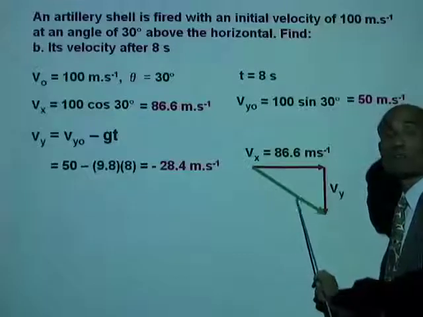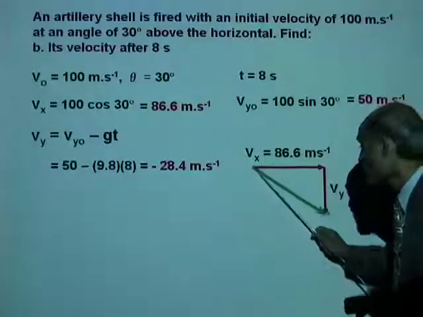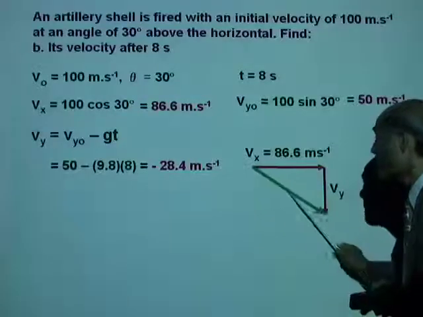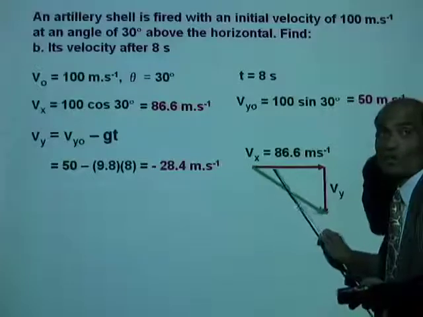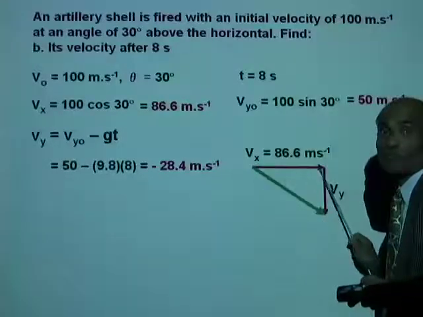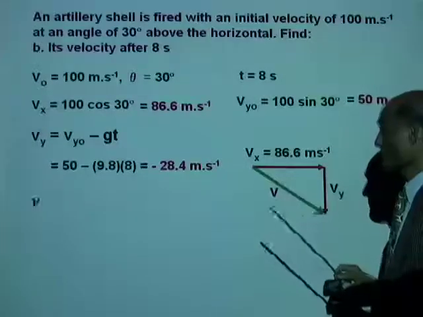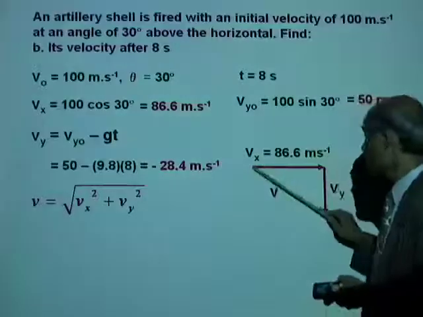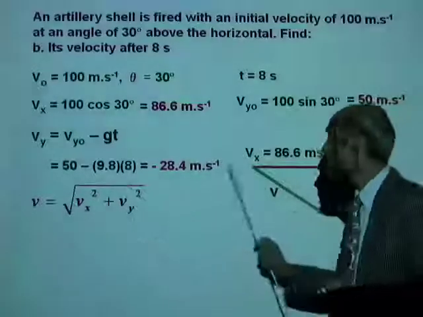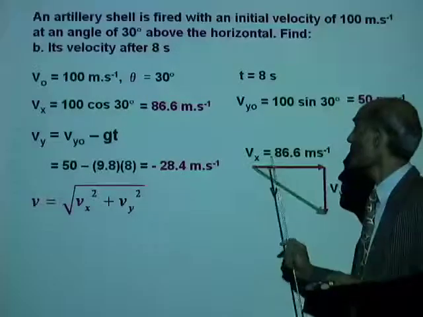We need to find the magnitude and the angle of the velocity. The magnitude is the length of this vector. What is the length of this vector? It will be square root of Vx squared plus Vy squared. So the magnitude of V equal to square root of Vx squared plus Vy squared.